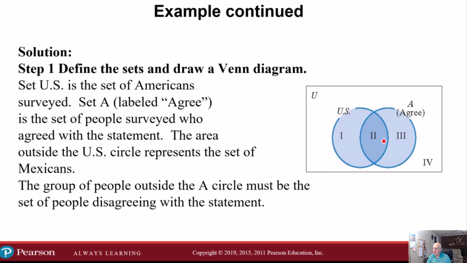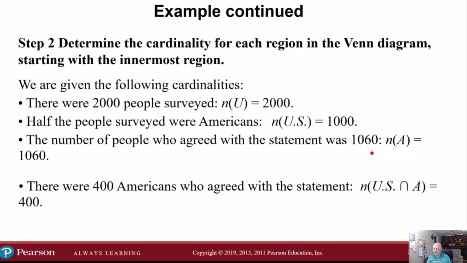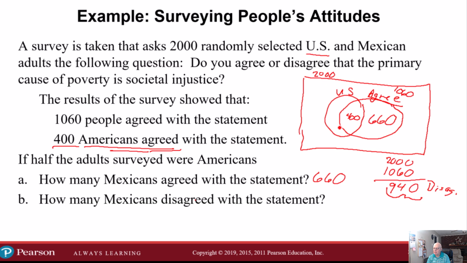So here's our Venn diagram, a much better looking one than mine. So this is all the people in our universe. Half the people surveyed were Americans. Okay, there's the missing link. So we're going to sneak back here. 1,000 were Americans.